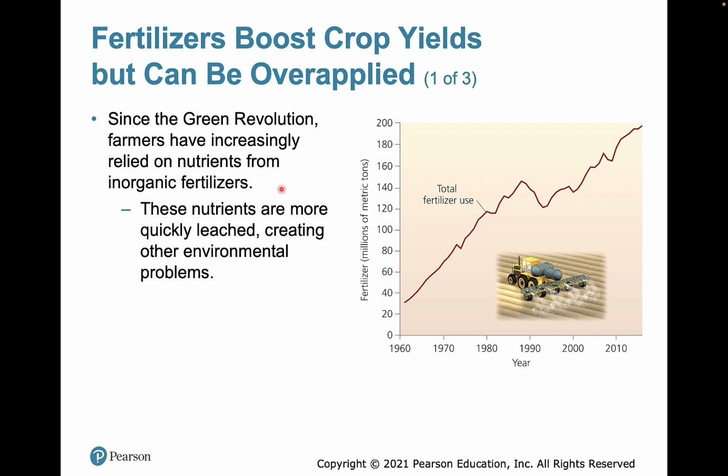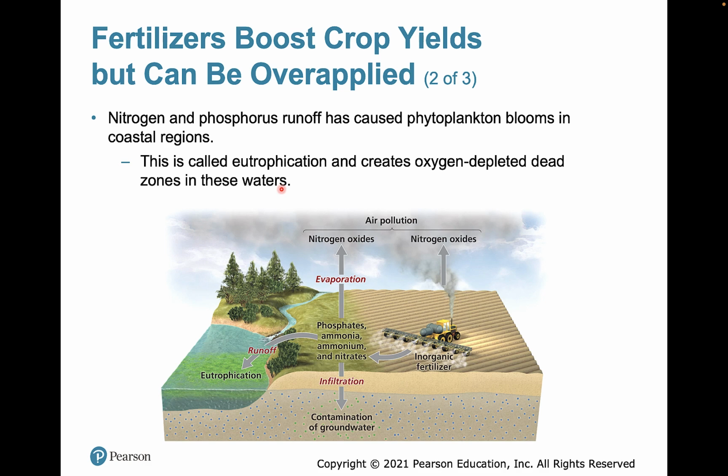We see the consequence of that as being the nutrients don't stay in the soil as much, so you wind up with other environmental problems like eutrophication. And here it is. So if you have runoff from these inorganic fertilizers, it's going to make its way into surface water and cause these phytoplankton blooms, which we talked about when we talked about Chesapeake Bay.